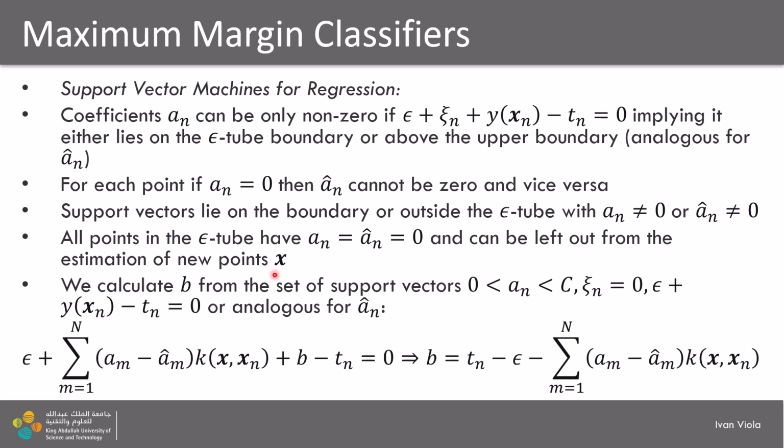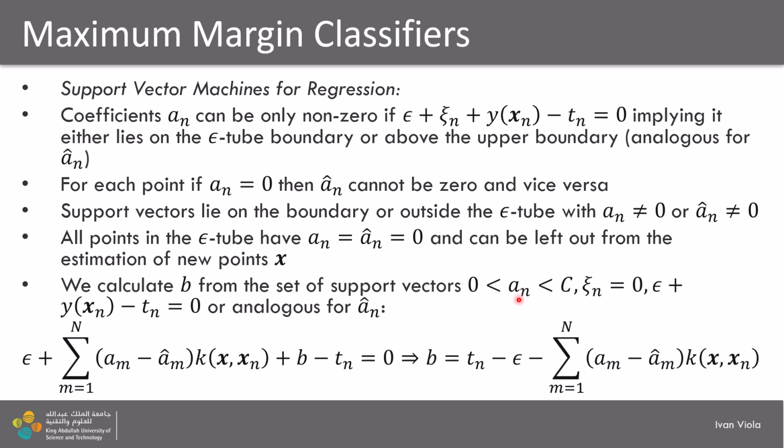Now let's have a look at how we calculate the b from the set of support vectors. The b can be calculated analogously as we did before, and we see that here it is calculated from the support vectors, which after the optimization lie with a_n between 0 and C, similarly for a-hat_n.